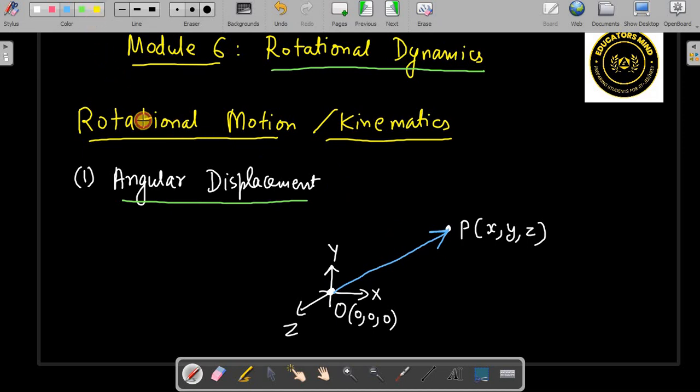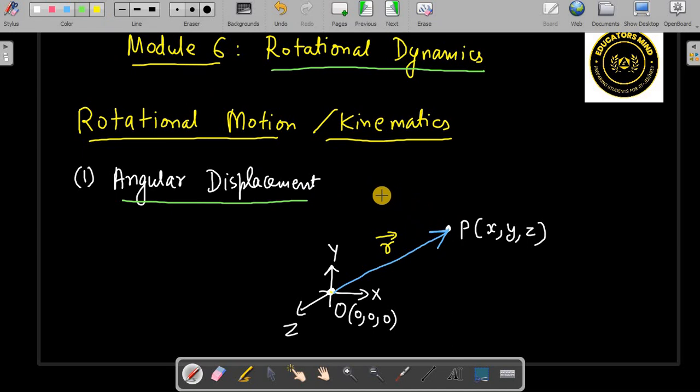This is called the position vector, r vector. Now suppose with respect to point O, this point P is moving. Let us consider it is going in this direction.